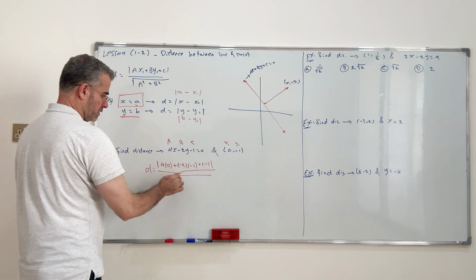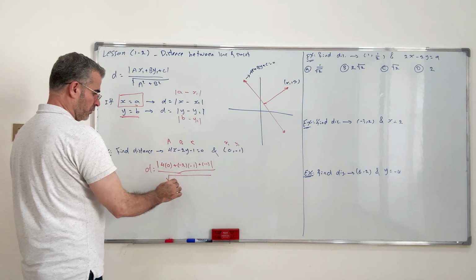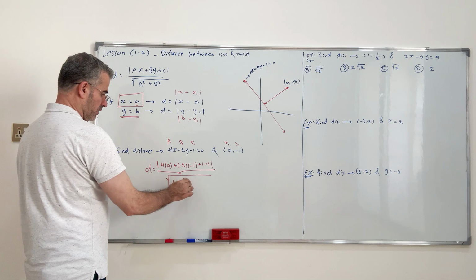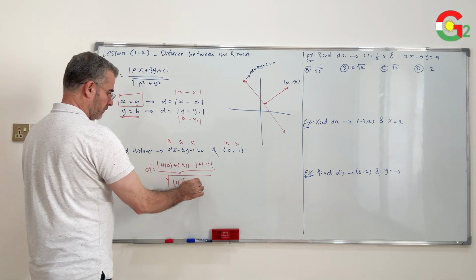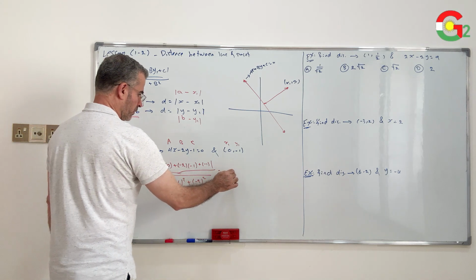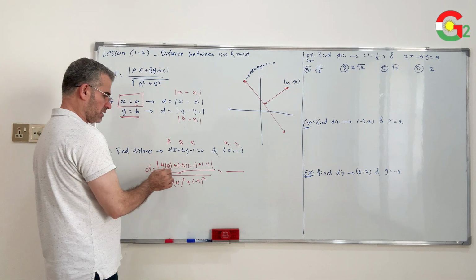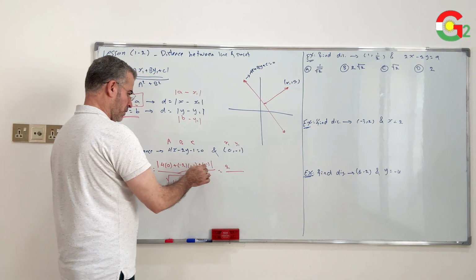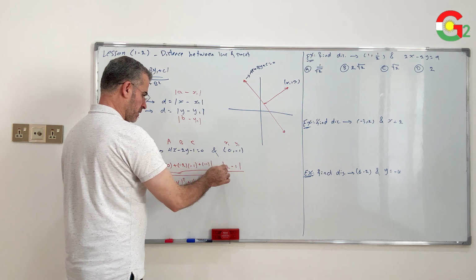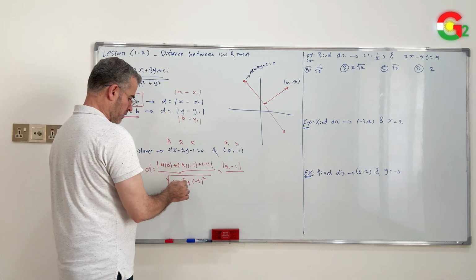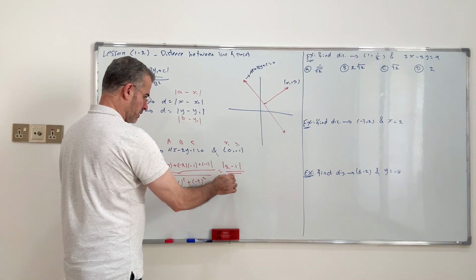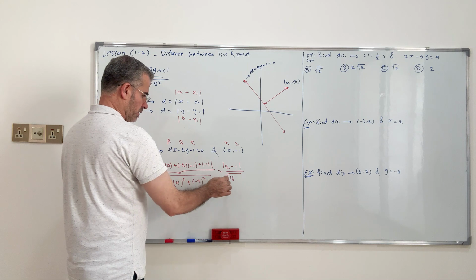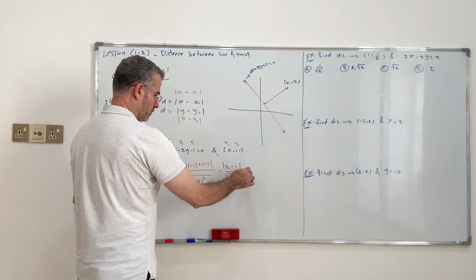over square root a square, 4 square, plus b square, negative 2 square, equal to 4 times 0, 0, negative 2 times negative 1, it is 2, minus 1, absolute value over 4 square, it is 16, plus negative 2 square, it is 4.